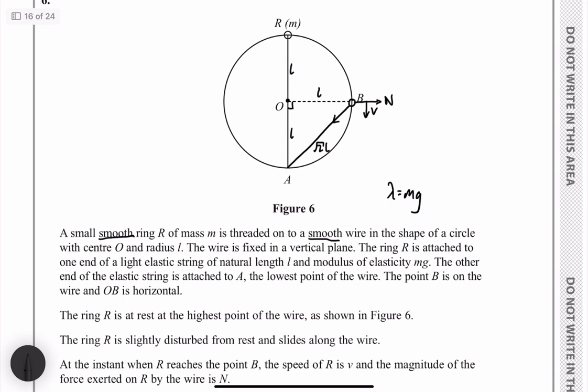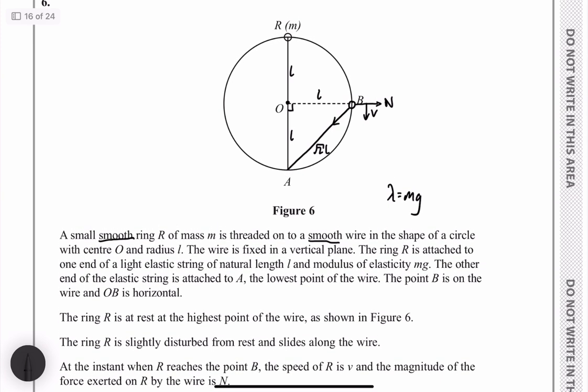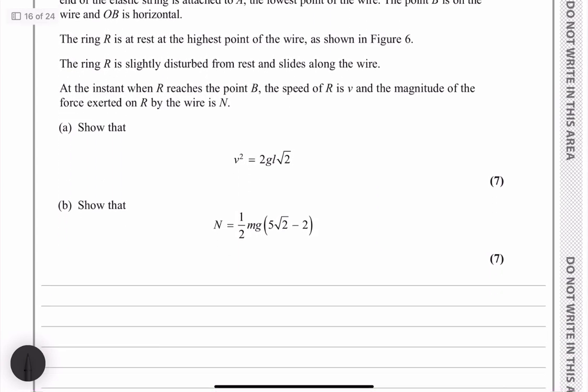Okay, we need the velocity at B, so I'm going to use an energy approach. We'll consider at the top of the circle, the kinetic energy is 0, the potential energy is mgh, and the elastic potential energy is lambda x squared over 2L. Then we'll do the same thing at B, and we should be able to equate them because there's no friction involved.